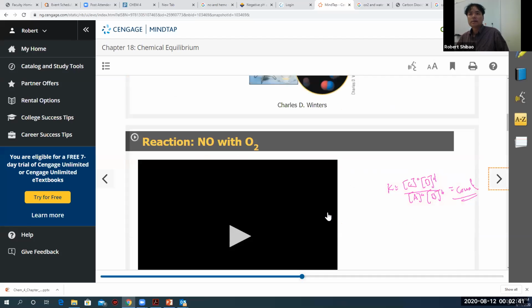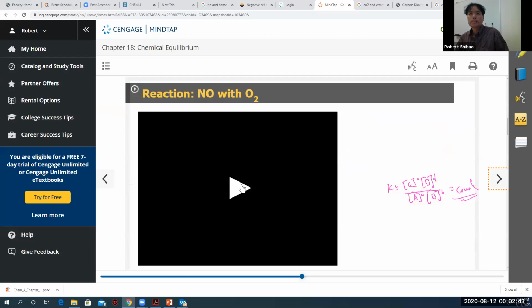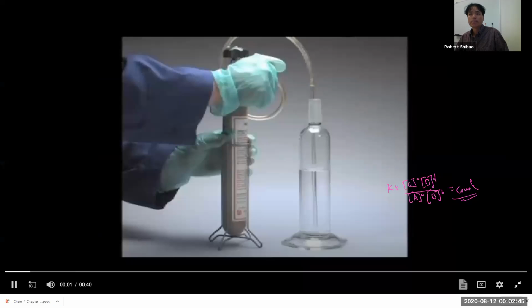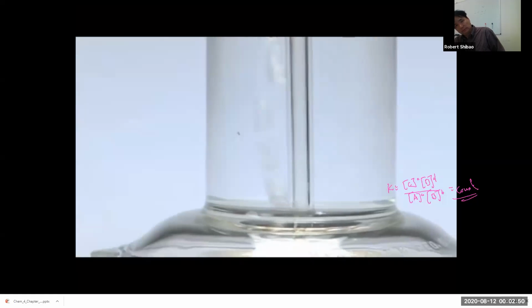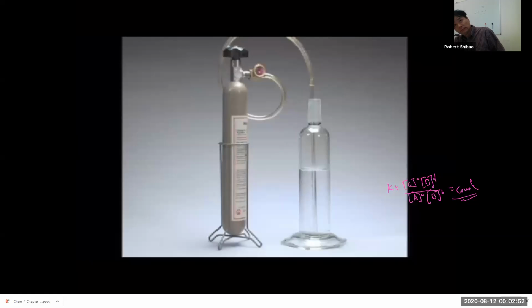Here, like this. The flask contains water. Nitrogen monoxide gas is bubbled into the bottom of the flask. As the bubbles break the surface, they form a brown gas.